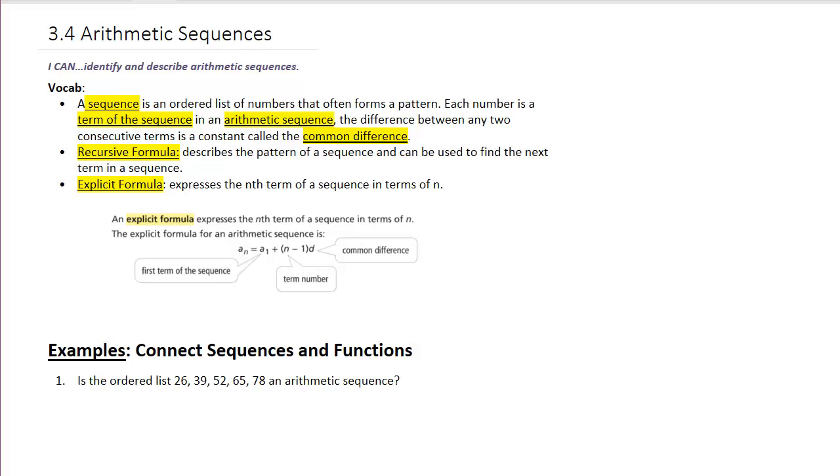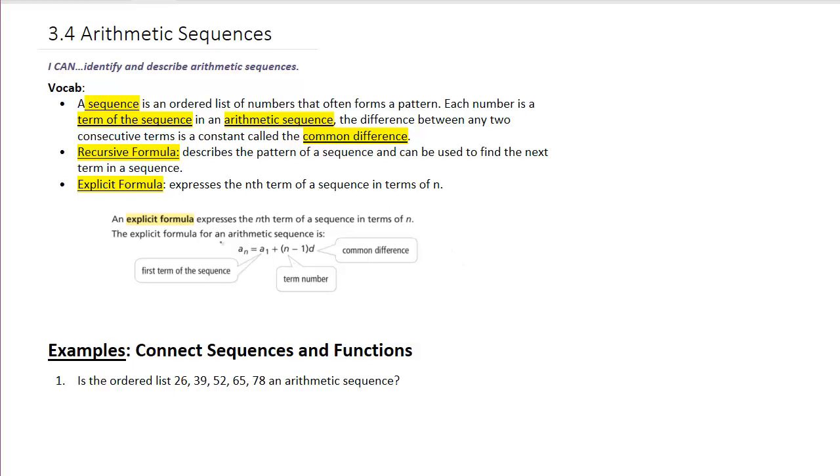The first one we want to look at is the explicit formula. You see down below, the explicit formula is defined as a sub n, so some term, whatever number that is, n, is equal to a sub 1, that's the first term within that sequence, plus the term number minus 1 times the common difference.